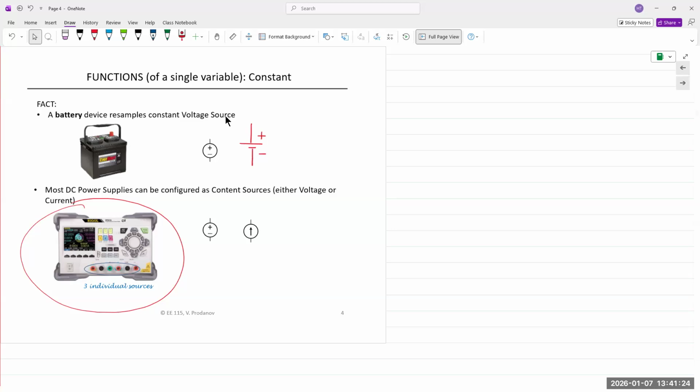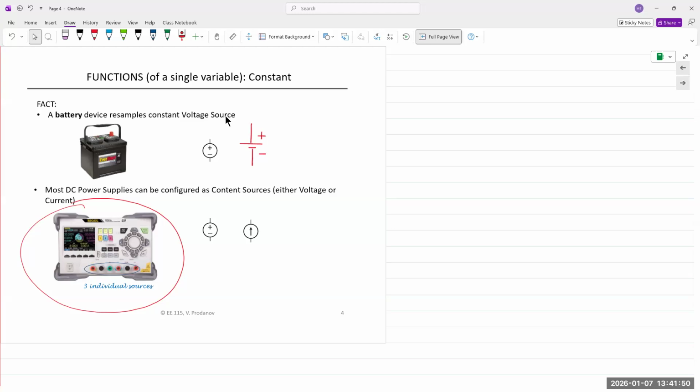2 of them would be able to go up to like 30 volts. The third one can only go up to like 6 volts. That's for digital logic circuits because we work primarily with voltages less than 6 volts in digital circuits. So anytime you're using a manufacturer's power supply, you always want to note whether that channel can supply more than 6 or not. Some manufacturers use channel number 3 for 6 volts.